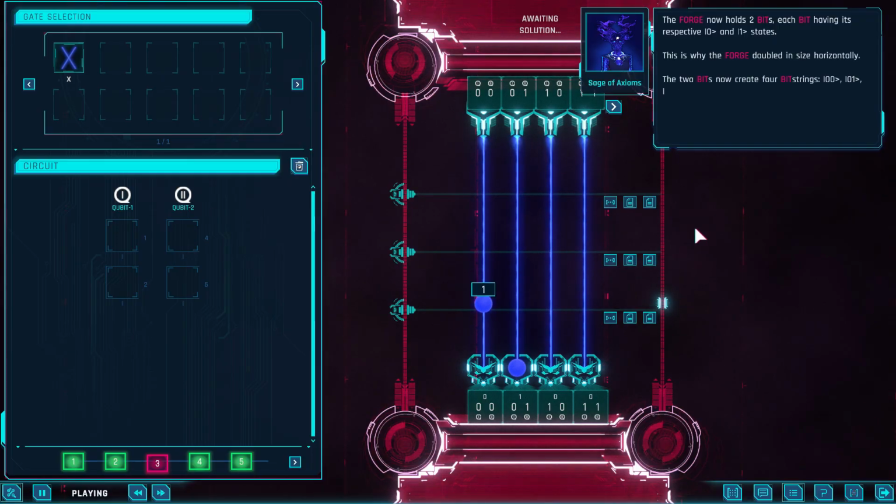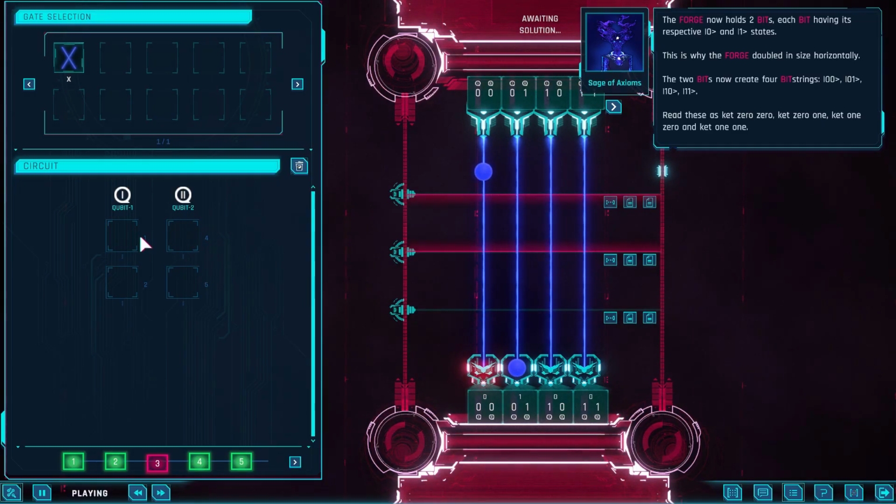Now here we have a little bit more complicated situation. We've got 2 qubits, qubit 1 and qubit 2. Remember, in this representation, qubit 1 represents the most significant bit. Qubit 2, the ones on the right, represent the least significant bit. And we see that up here, each one of these lines is defined by the values that these bits can take.